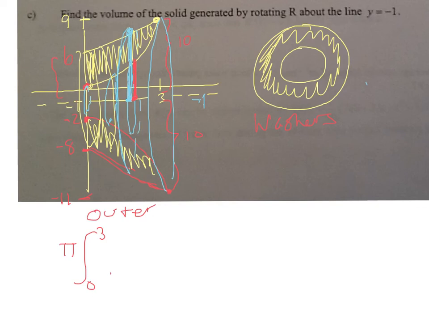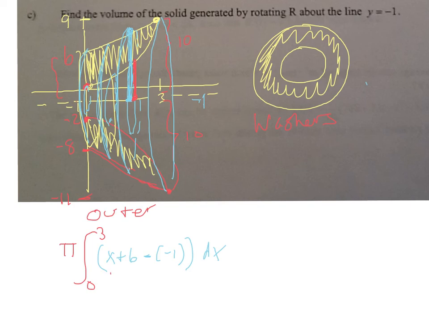So that would be the line x plus 6 minus the line y equals -1. So that's the blue circles, the larger ones, okay? And of course I have to have my dx.